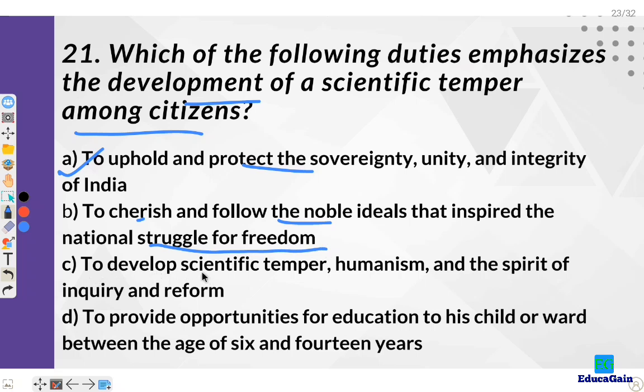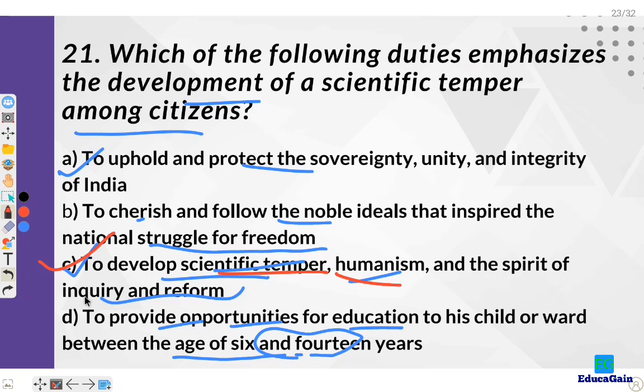C, to develop scientific temper, humanism and the spirit of inquiry and reform. D, to provide opportunities for education to his child or ward between the age of 6 and 14 years. The correct answer is C. To develop scientific temper, humanism and the spirit of inquiry and reform. Okay.